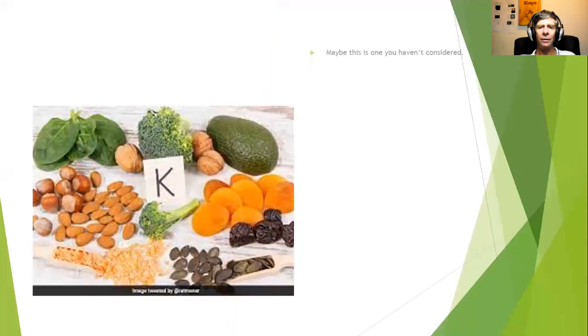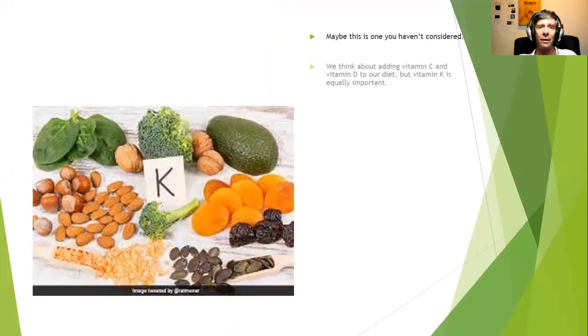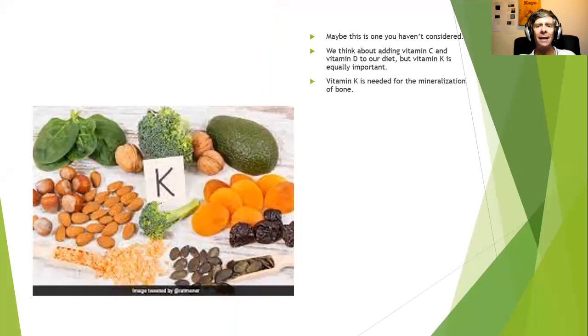The other thing that we need to look at is maybe one that you haven't considered, and that is vitamin K. We think about adding vitamin C and vitamin D to our diet, but vitamin K is equally important. Vitamin K is needed for the mineralization of bone. So calcium helps to develop bone.